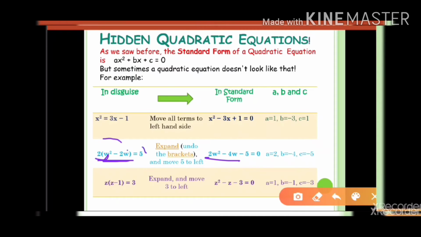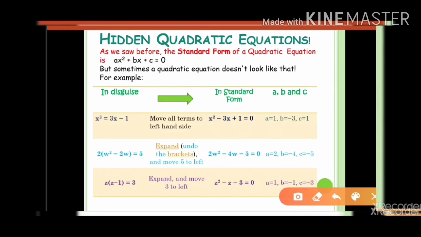When we shift 5 to the LHS, it becomes minus 5, and the equation becomes 2w squared minus 4w minus 5 equal to 0, where a equal to 2, b equal to minus 4 and c equal to minus 5.